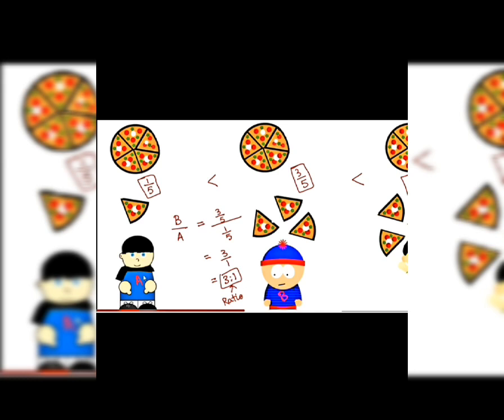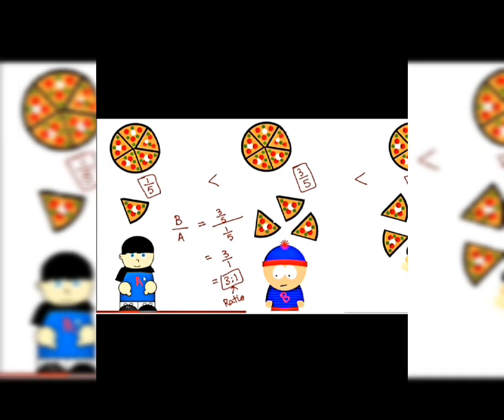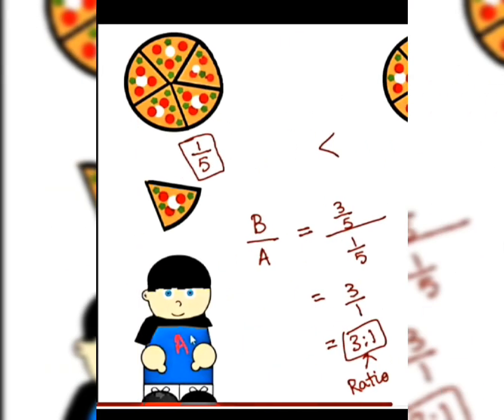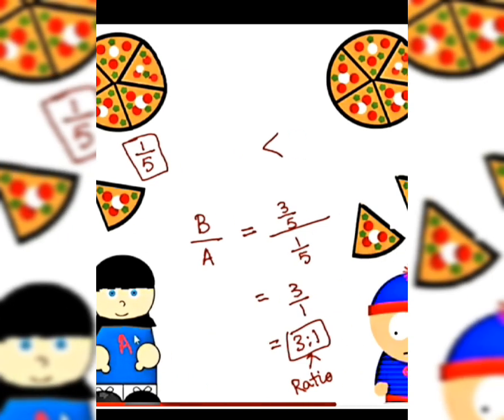So basically we want to find out the ratio of what B ate to what A ate, right? So that means the amount of pizza eaten by B divided by the amount of pizza eaten by A. B divided by A. What would that be? That would be B ate 3 by 5 divided by A ate 1 by 5.